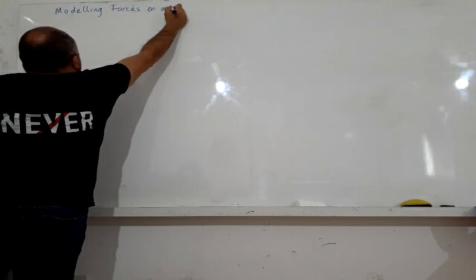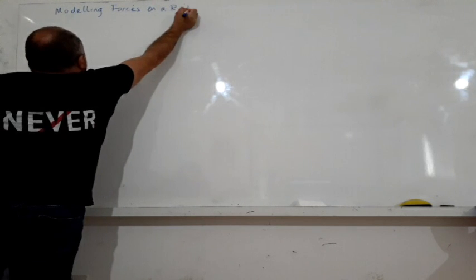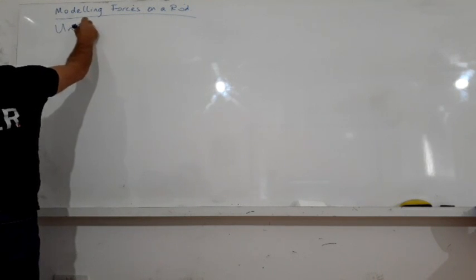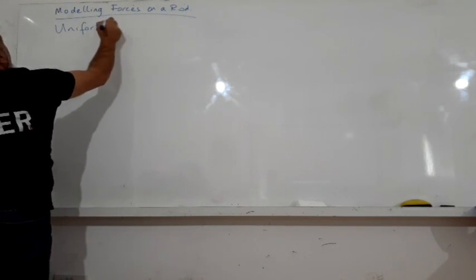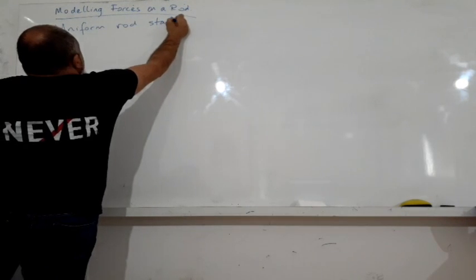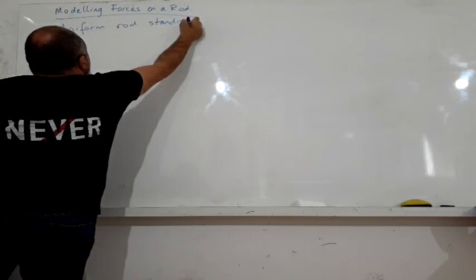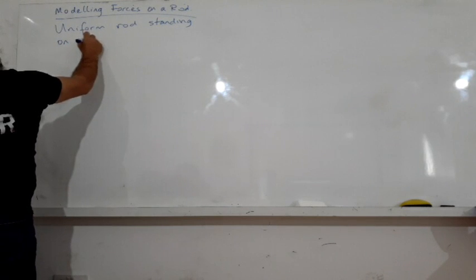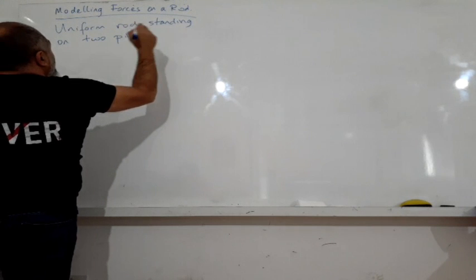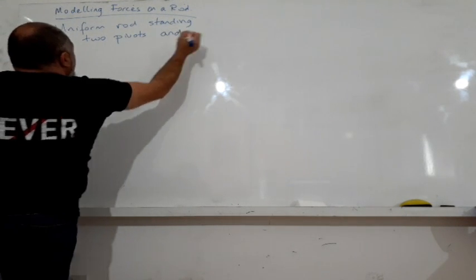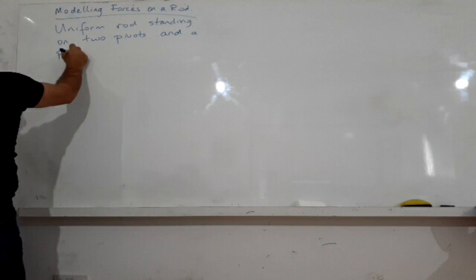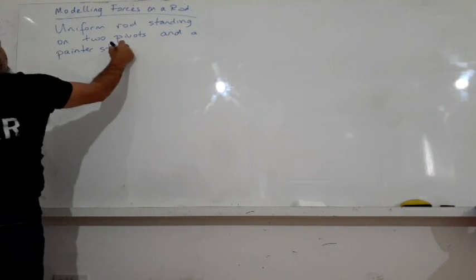Say that this is a uniform rod standing on two pivots and a painter standing on the rod.